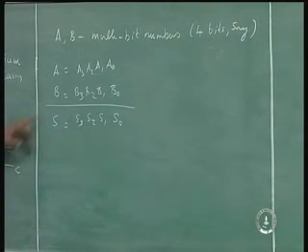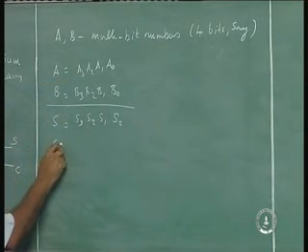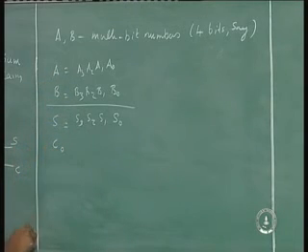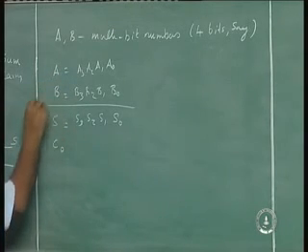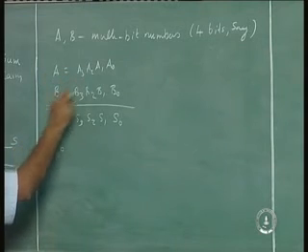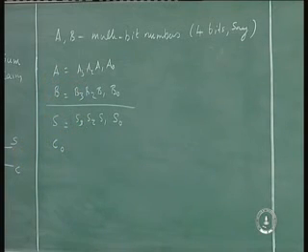And then I may have a carry from A3 and B3, so there will be a carry out also in addition to this. So this is sum, and a carry, CO for carry out, output carry.